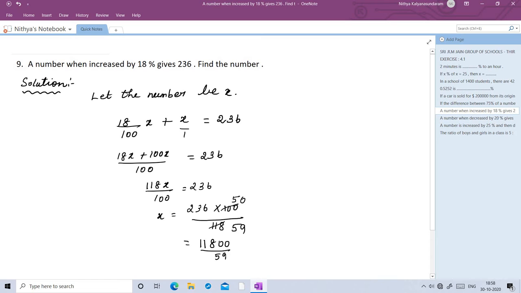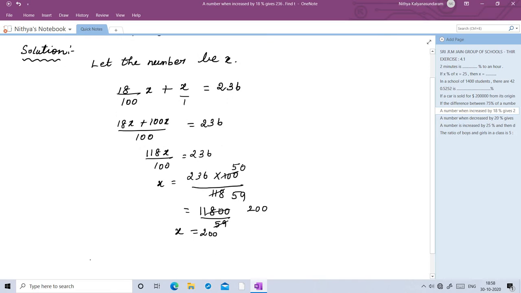Then cancel with 59, you will get 200. So x is equal to 200. So the number is equal to 200.